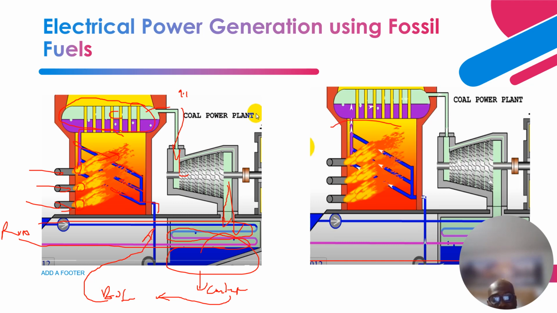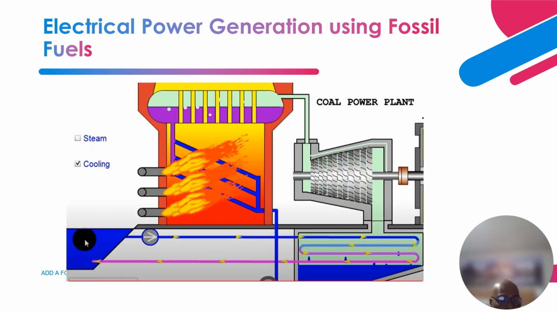Similarly, the same thing right here. Like I indicated, the pulverized coal comes in here and is heated and burned. The fine coal powder gets burned, and you have a boiler feed pump motor right here that pumps the water.